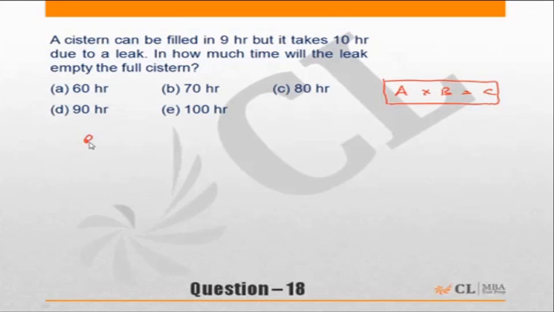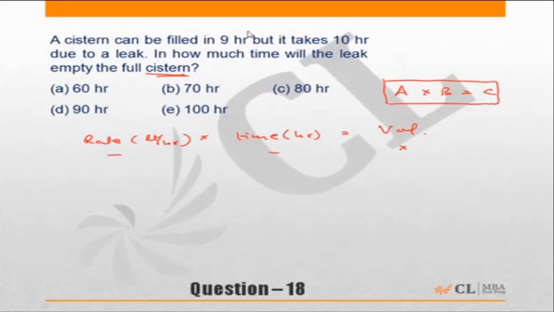We can say that rate, which is liters per hour, into time, which is hours, the product of these should be volume. In this particular question, the volume is of the cistern. So if the volume of the cistern is constant, whatever happens to the rate, the reciprocal should happen to time, or vice versa.